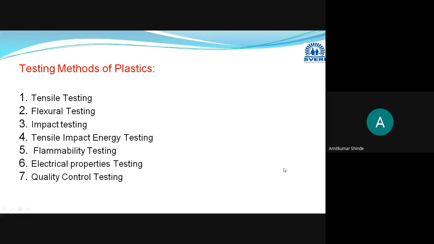Only a few important tests are there, like tensile testing to determine the tensile strength, then the flexural test, then impact testing, then tensile impact energy testing. Only these top four tests are important, and the remaining ones are not included in your syllabus. I have just mentioned their names. Only the first four tests will be there, and I will discuss those four tests one by one during this session.